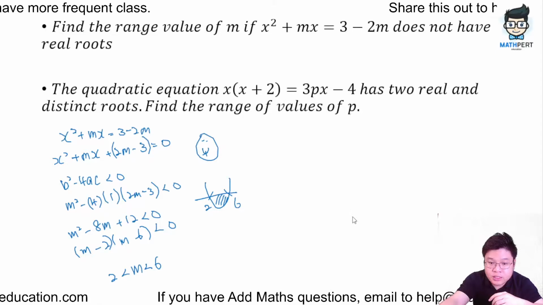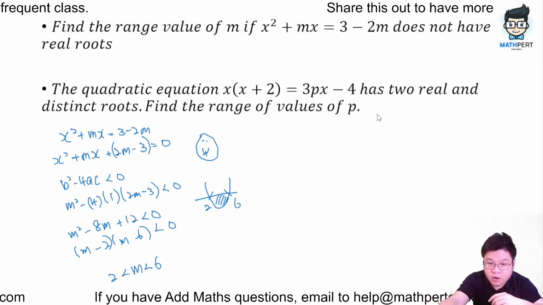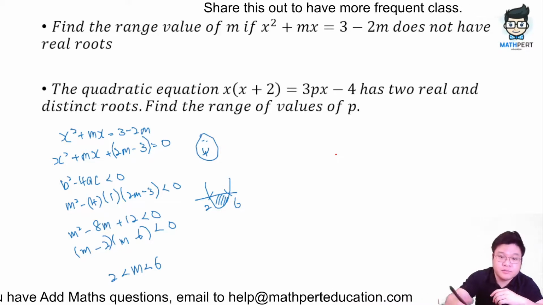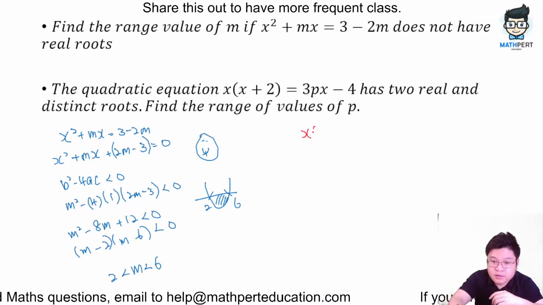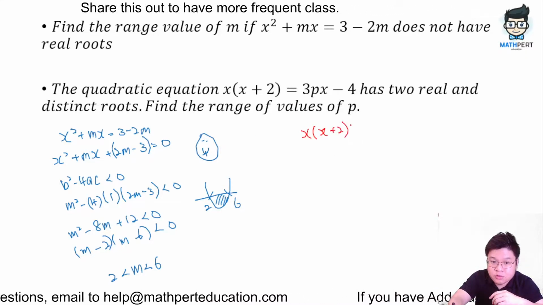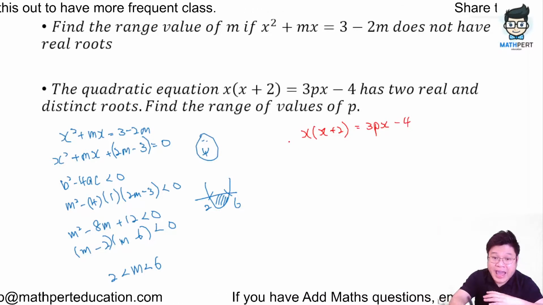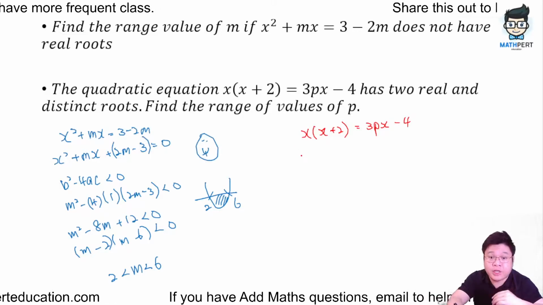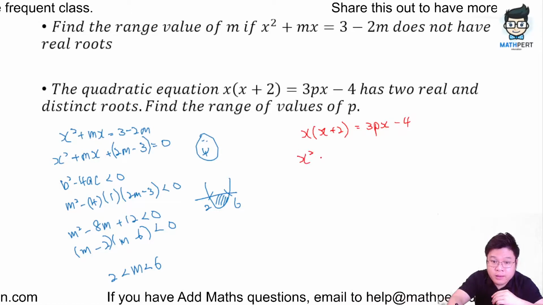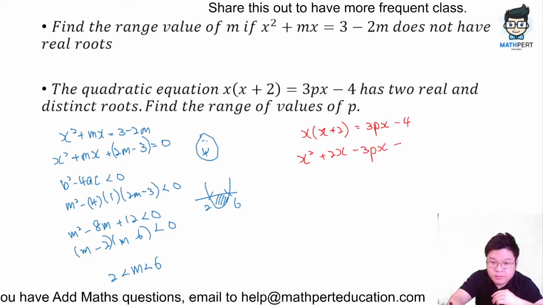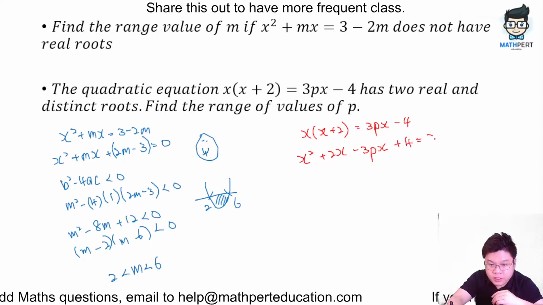So since it is greater than 0, let me change the color. x plus 2, 3px minus 4. So we expand it and rearrange it. x squared plus 2x minus 3px plus 4 equals 0.